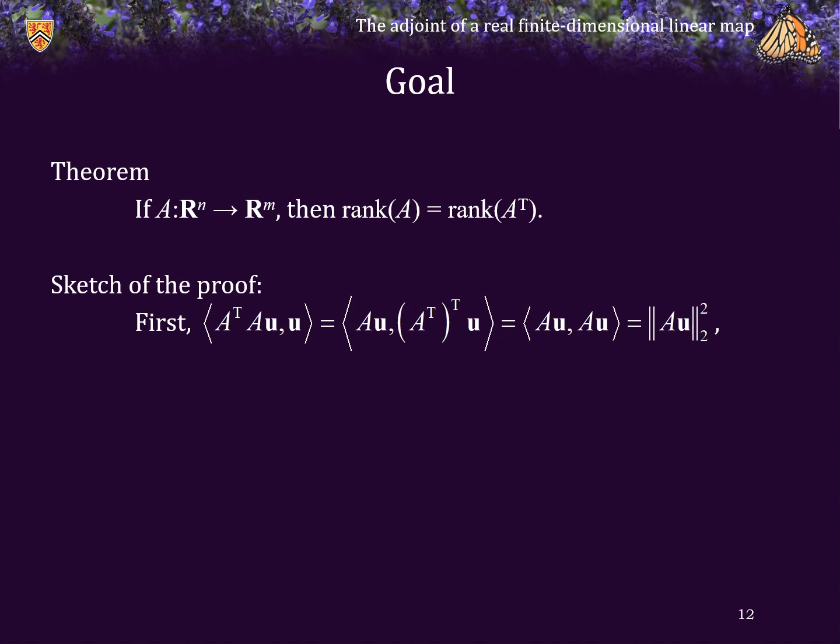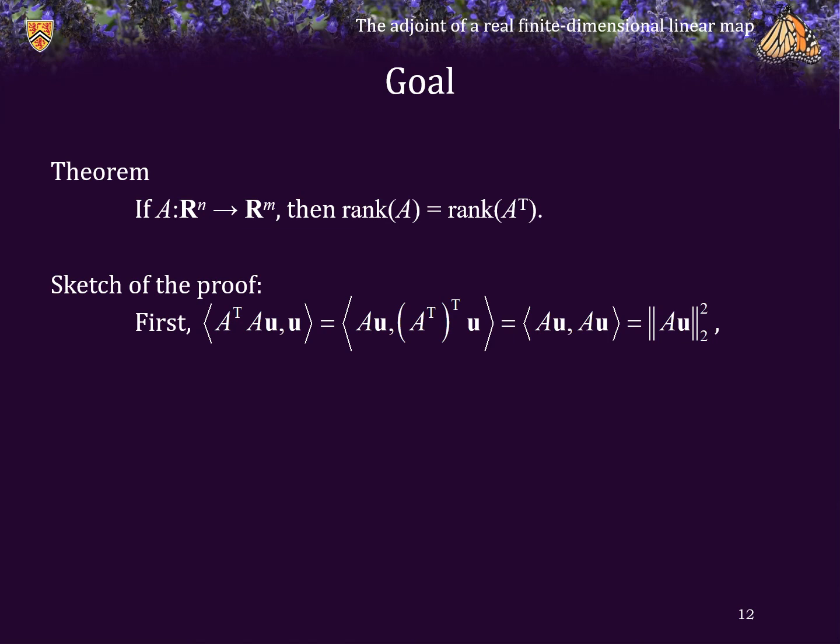However, if u is not in the null space of A, then that means A times u is not equal to the zero vector. Now let's consider the inner product of A transpose A u with u. I can bring the first matrix onto the other side by taking its transpose. But the transpose of the transpose is the matrix itself.